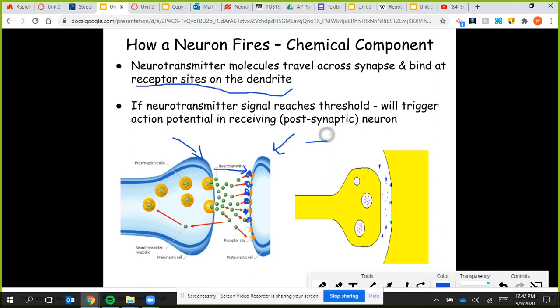If a receptor site looks like that, then the neurotransmitter's got to look like that. So these chemicals bind at the receptor sites on the dendrite. And if enough of them bind, anybody have a guess what is going to happen in the postsynaptic neuron?